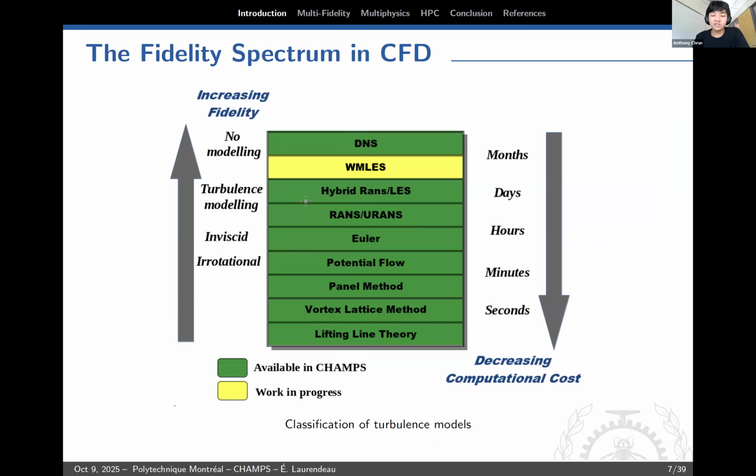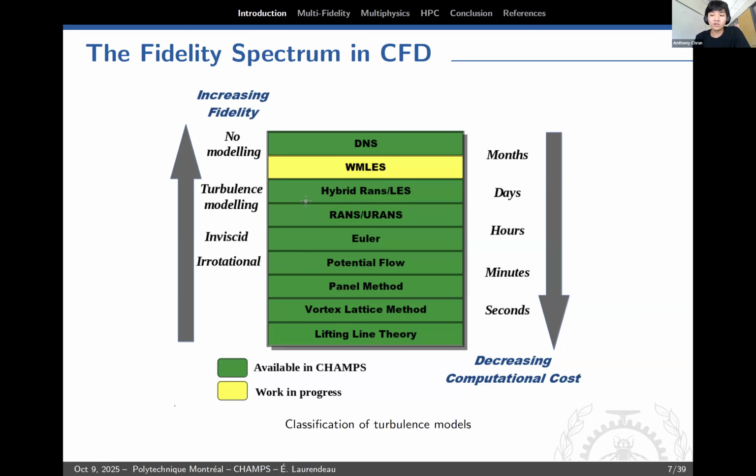In CFD, there is quite a vast arsenal of tools that we can use, ranging from low fidelity models, such as the vortex lattice method and potential flow method, all the way to higher fidelity methods like LES, or large eddy simulation, and even direct numerical simulation.